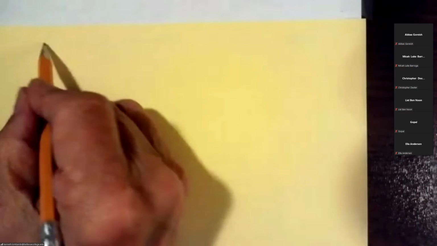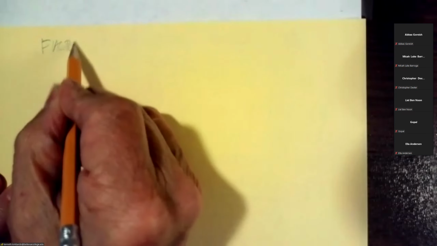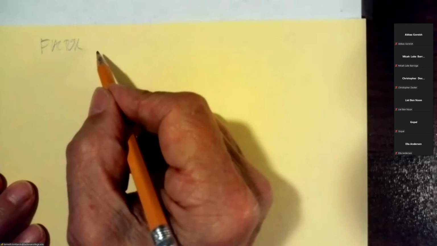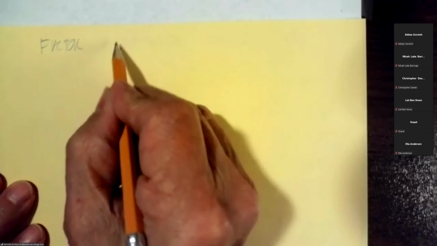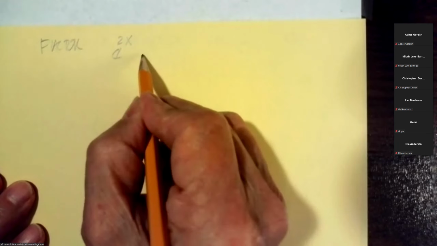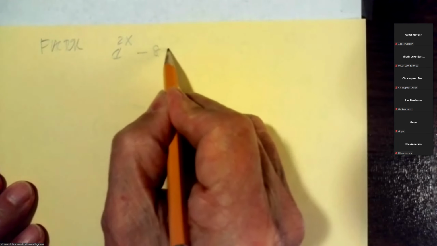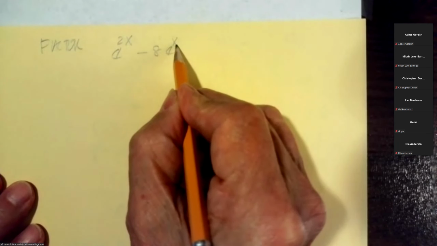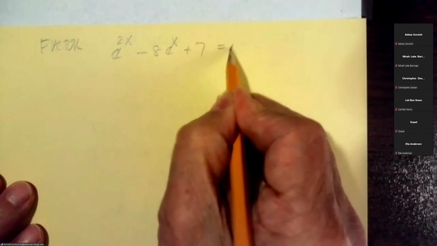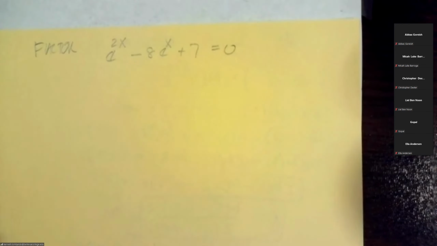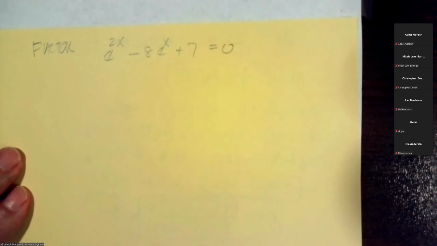We might be given something that says factor the following: e to the 2x minus 8 e to the x plus 7 equals 0. We might be asked to do that. And you'd say, well, let me think about this.